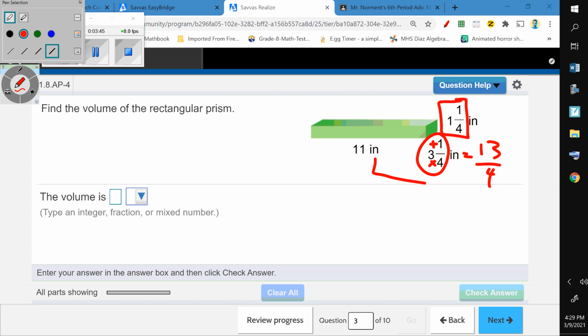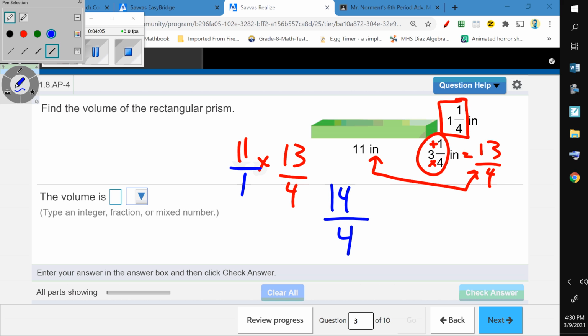I'm going to go ahead and multiply these two. 11 times 13 over 4, but remember, 11 needs to be converted to a fraction. Now I can multiply to get this. And 13 times 11, I think it's this, but let me double check.